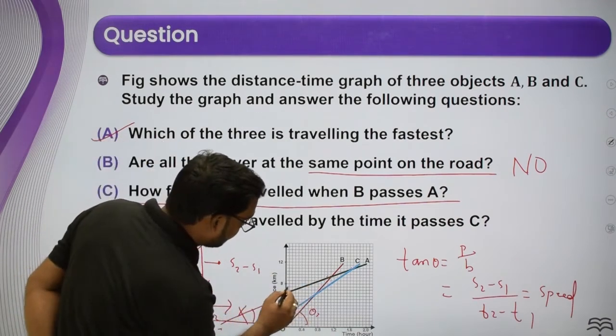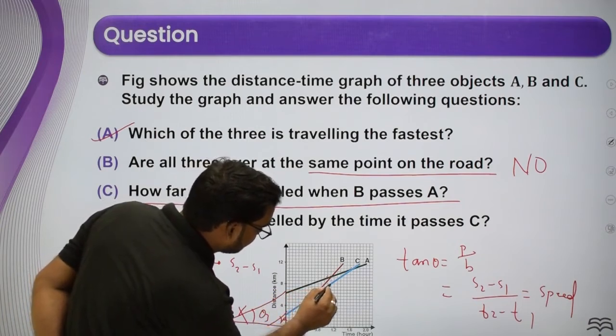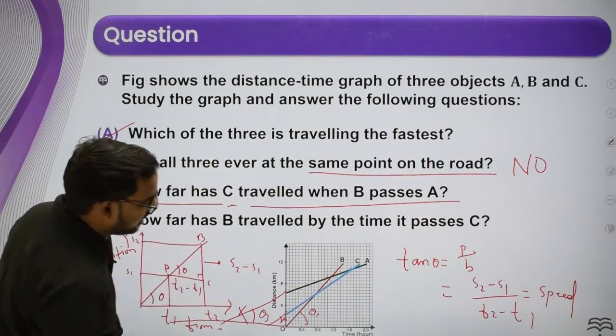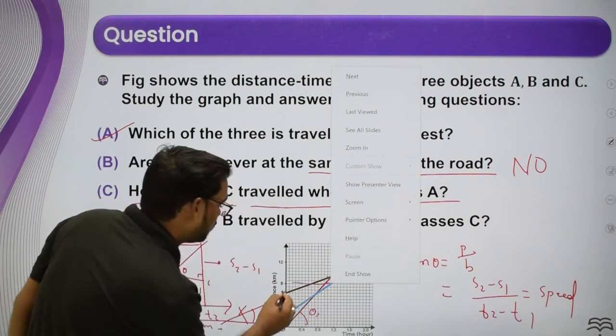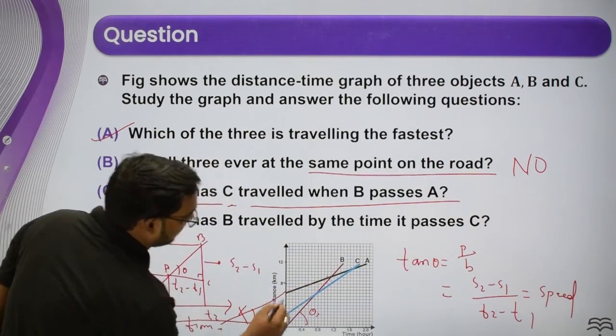So you can see here somewhere, this is the point of C. If you draw this line, you will get this line.